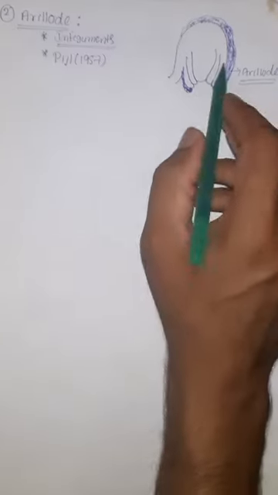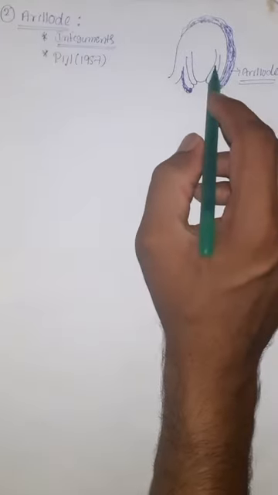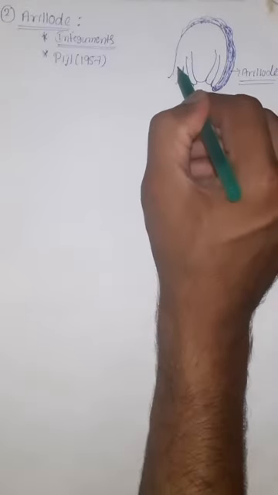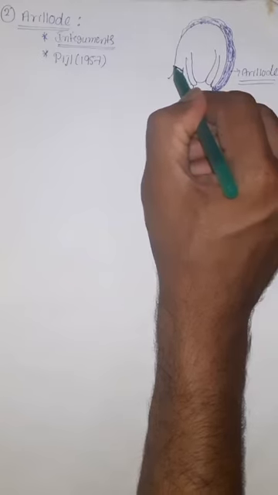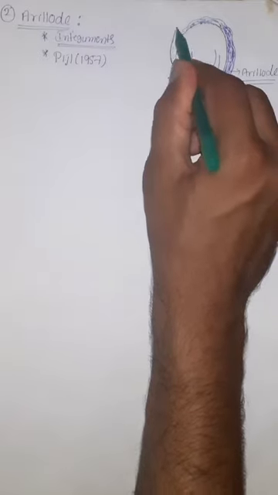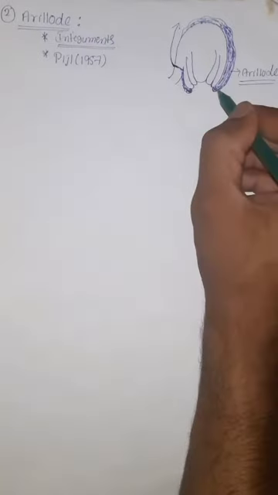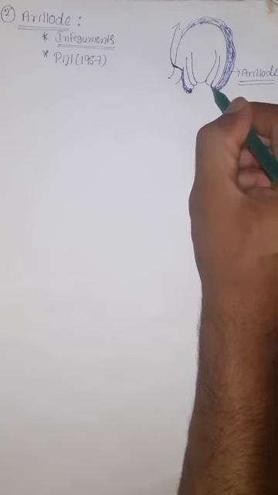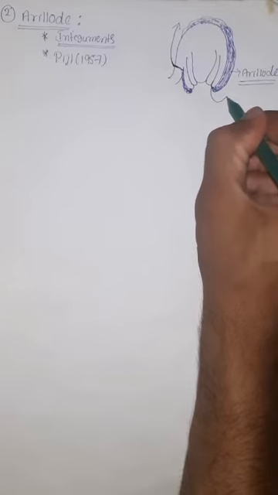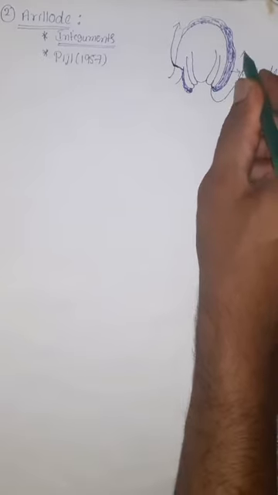The only difference between aril and arillode is that the aril originates from the base of the funicle or base of the ovule and grows in this direction. But the arillode originates from the tip of the integument or tip of the ovule, from here, and grows in this direction.